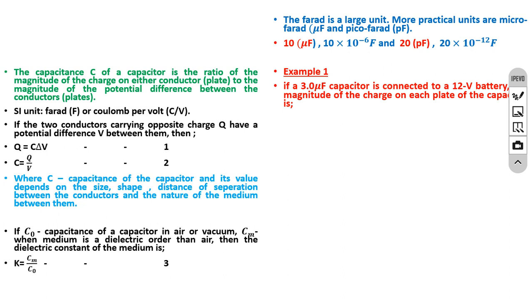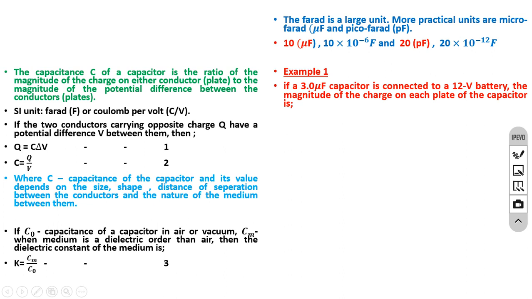Example 1. This example says, if a 3.0 microfarad, and of course you know that this microfarad unit means 10 to the power minus 6, don't forget.